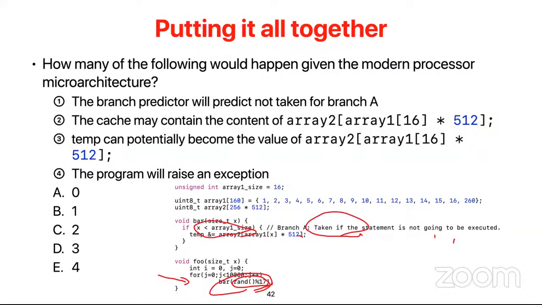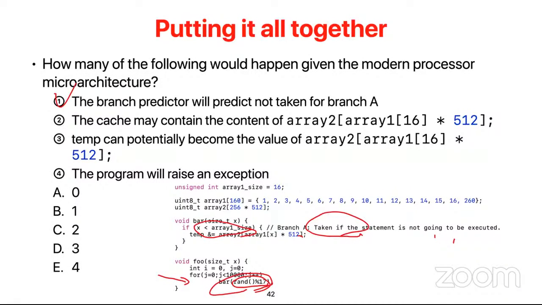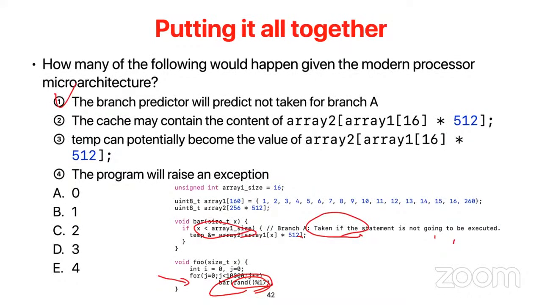So the branch predictor will most of the time predict not taken for branch A, because we have only about a 1/16 chance that we should predict taken. So a good enough branch predictor should predict this to be taken most of the time. And then the cache contains this content. So if you predict taken, here's the issue.